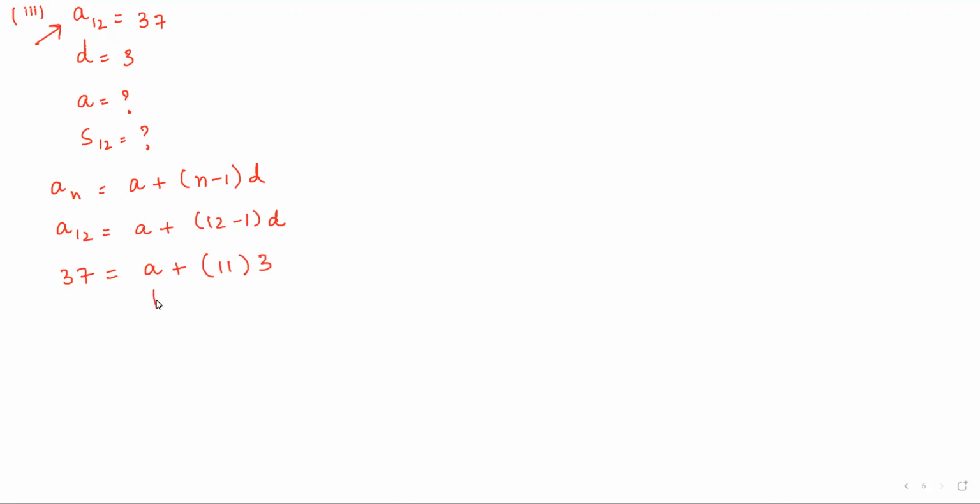So this will give me A from here, right? So 37 is equal to A plus 33. So 37 minus 33 is A, that is 4. So A is equal to 4. So I have got my A.